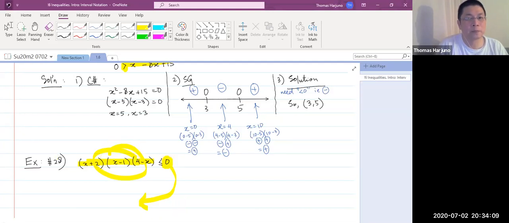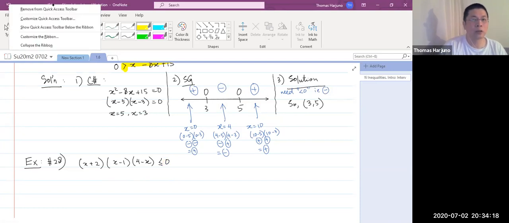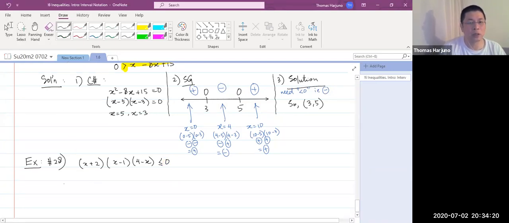So we rely on factoring and 0. Now here they already factored it for us and already set one side to 0. So we can go to the solution right away. Step 1, critical numbers.